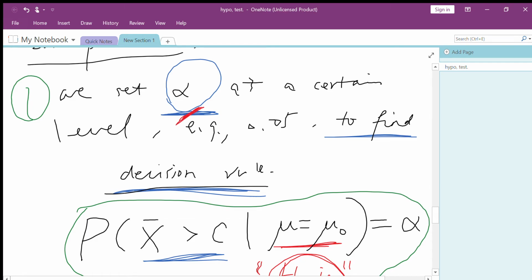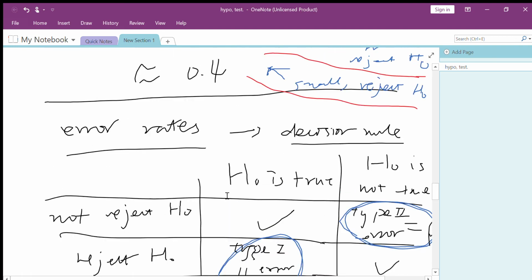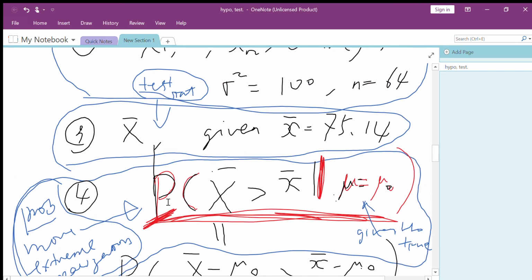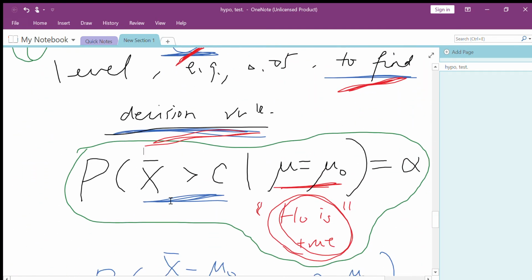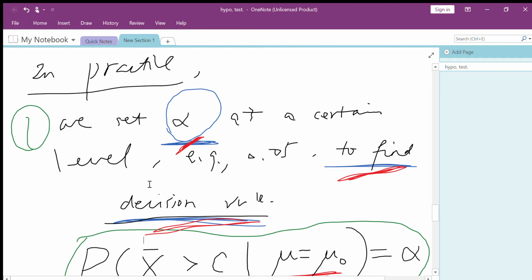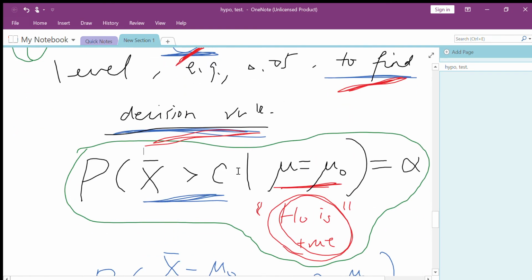The formula is quite similar to the formula in the fourth step. Because we are looking for a decision rule, we have to get a constant. That's what decision rule means.